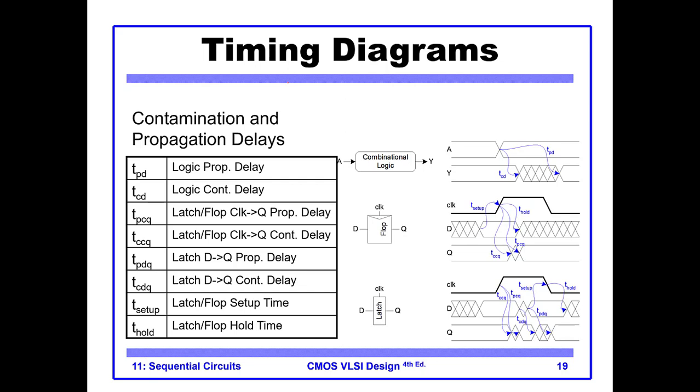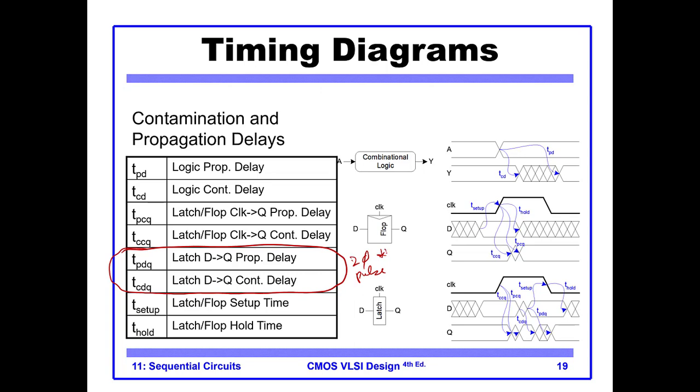I told you that the book uses slightly different notations. Some of these notations are for latch only. For example, these 2 are for latch, so they are applicable to 2-phase design and pulse design.